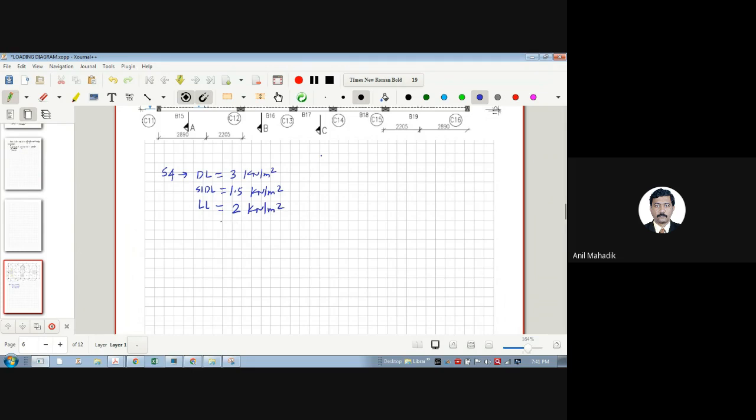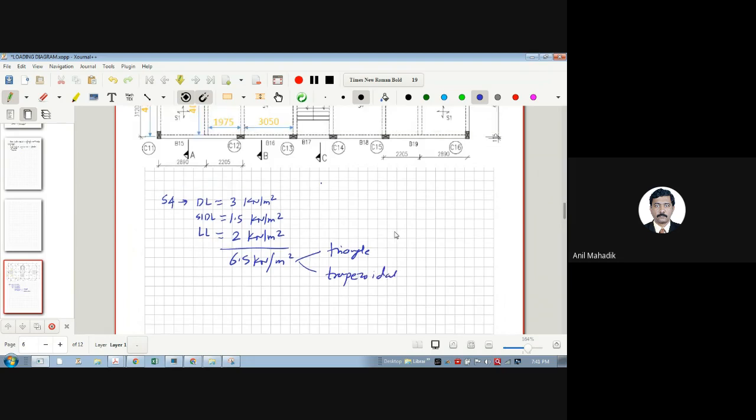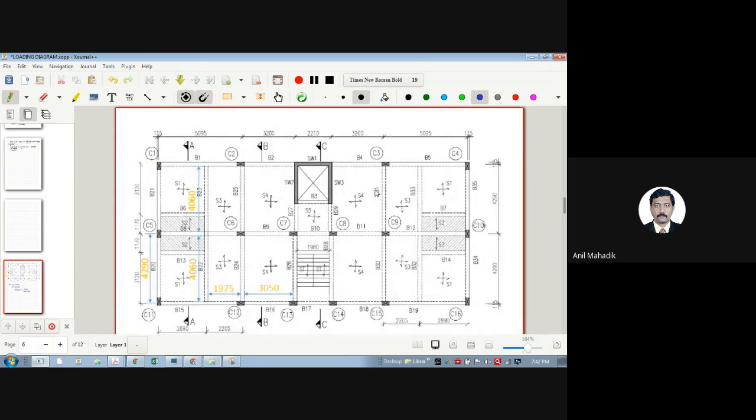So total load is 6.5 kilonewton per square meter, which will be the slab load, and I want to transfer this in two parts, that is triangle and trapezoidal, right? Yes, sir. And that will transfer here on this B4 and B31. So on B31 we have a trapezoidal load.